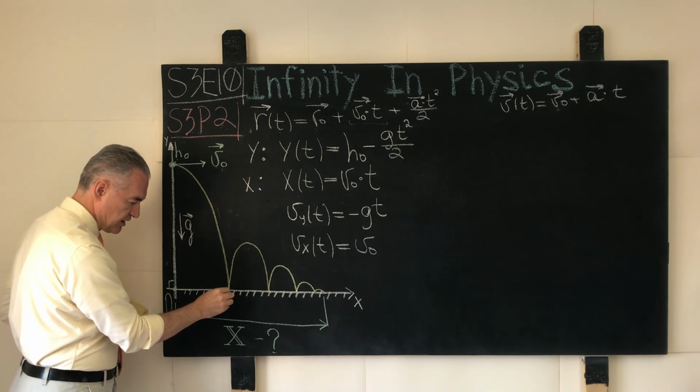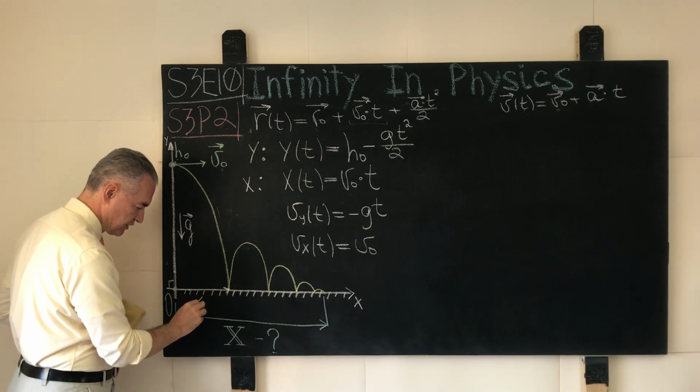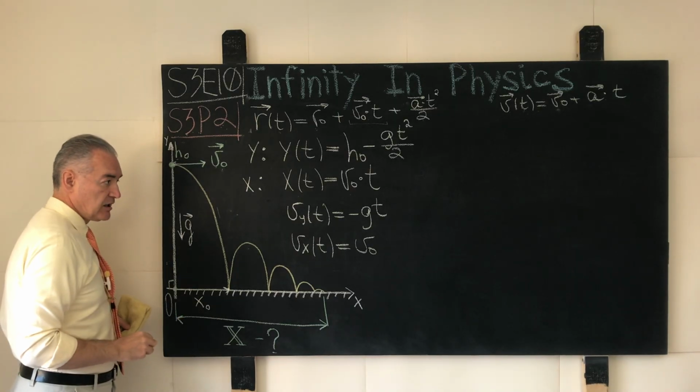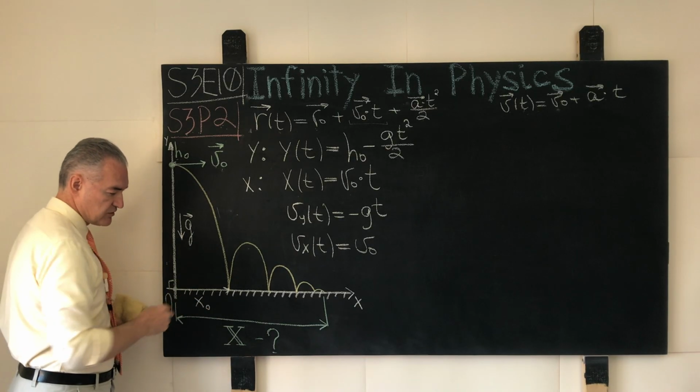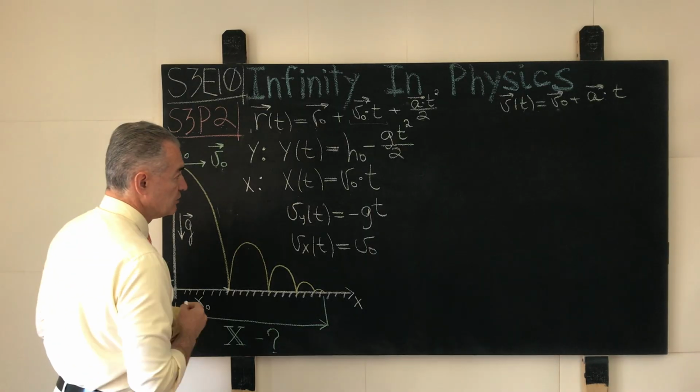In other words, the initial bounce will take place at the distance, let's say we'll call it x0. And how do we recover the magnitudes of interest in this case? Well, let us do the following.